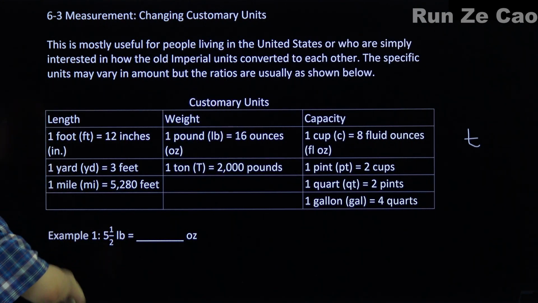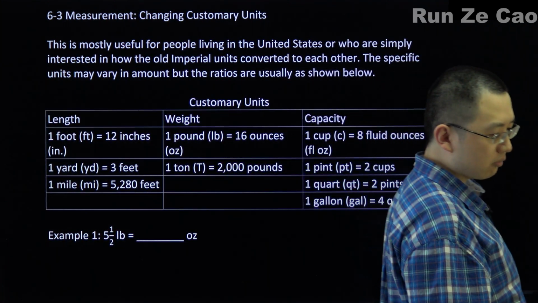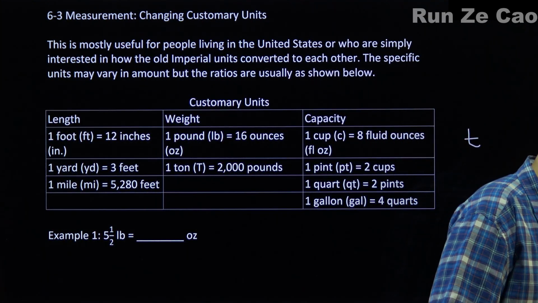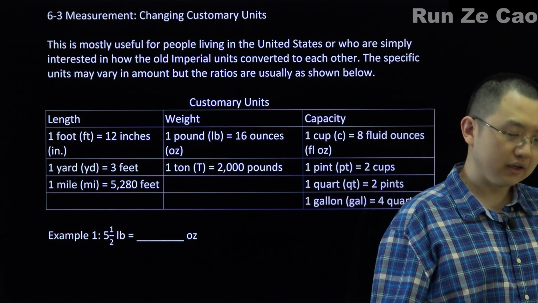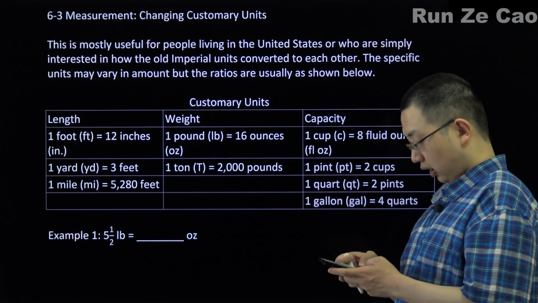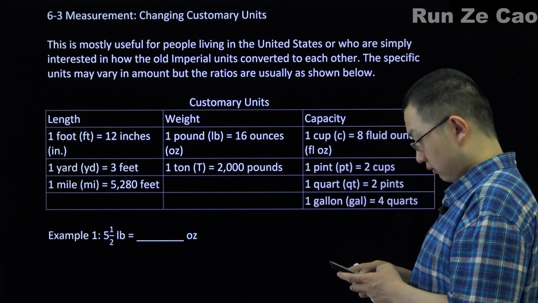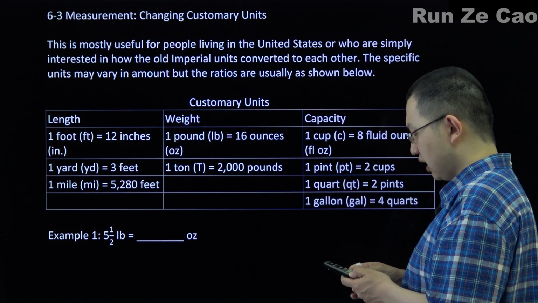So, length, 1 foot is 12 inches, 1 yard is 3 feet, and 1 mile is 5,280 feet. Which makes it 1,760 yards.